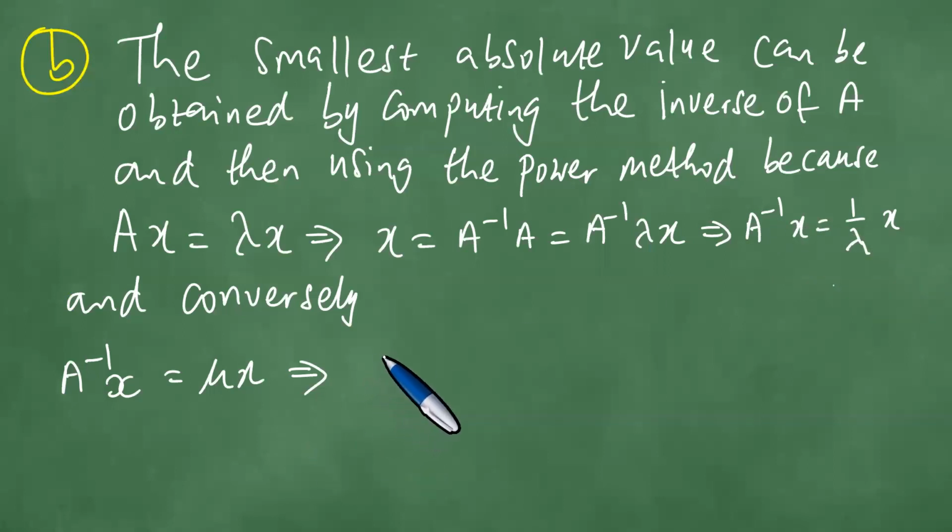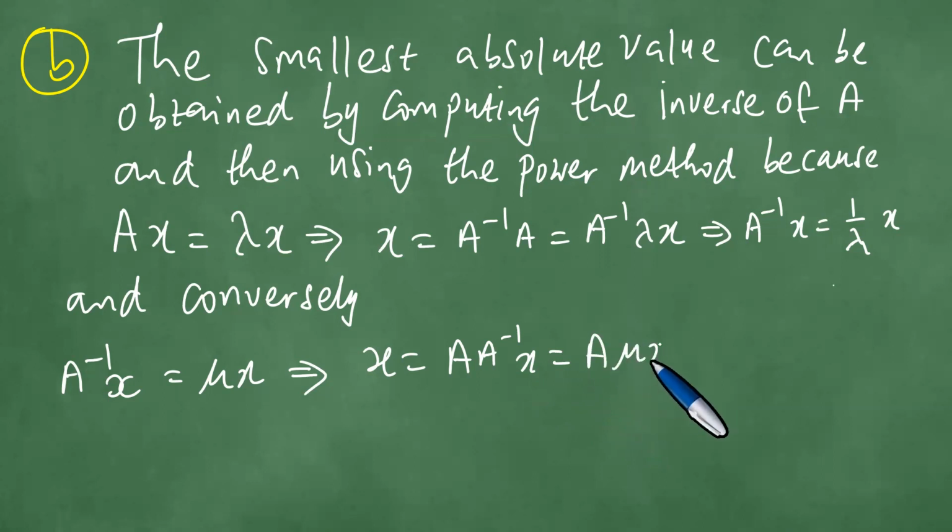And now we can solve for x out of this, meaning x is the same as A inverse x, which is A mu x. So in other words, you can just multiply both sides by A to make x the subject.